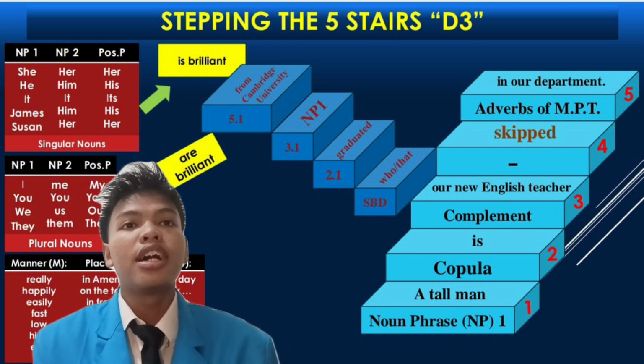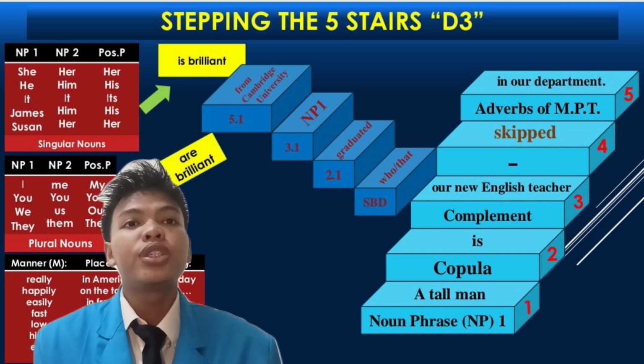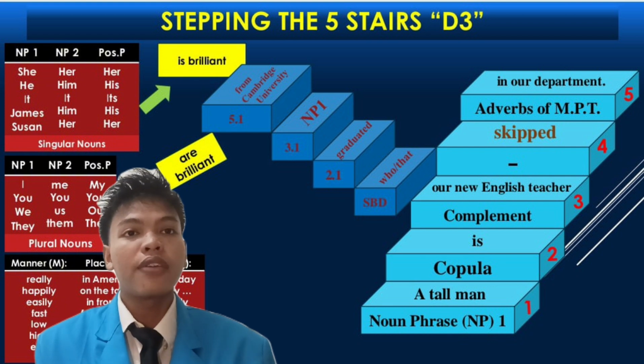Step 1, noun phrase, and then step 2, copula, and then step 3, complement, and then step 4 is actually escape it, and then step 5, adverb of manner or place or time.